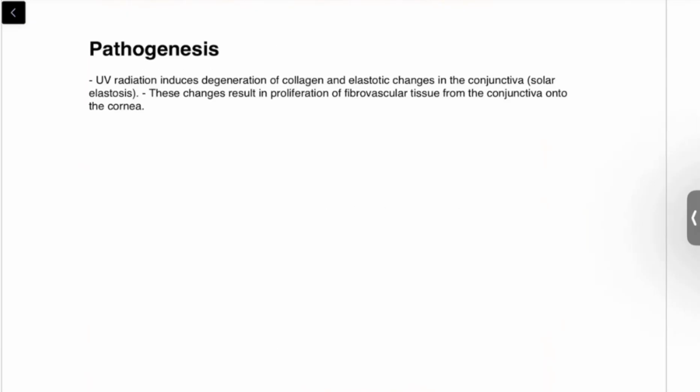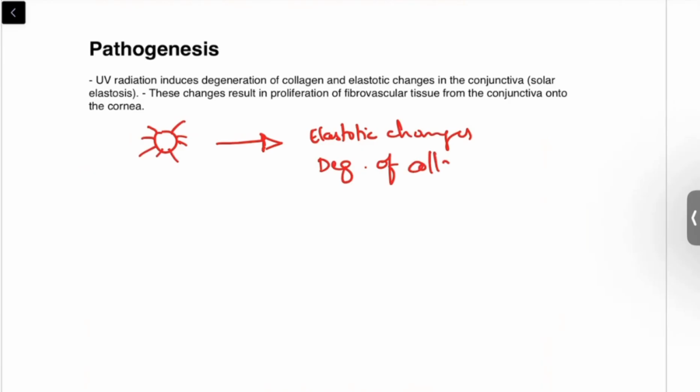Okay, so what is the pathogenesis? What exactly happens? Why does this pterygium develop? Whenever there is UV radiation from the sun, it induces damage to the collagen and elastic tissues in the conjunctiva, causing degeneration of collagen in the conjunctiva.